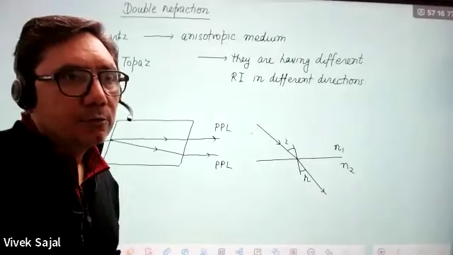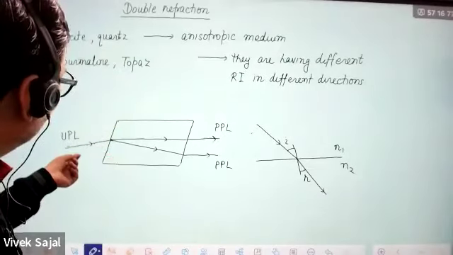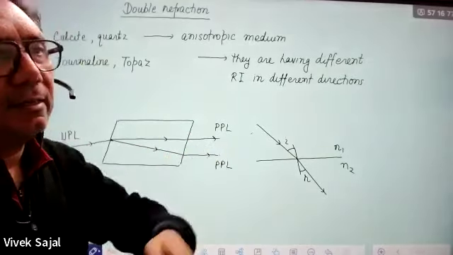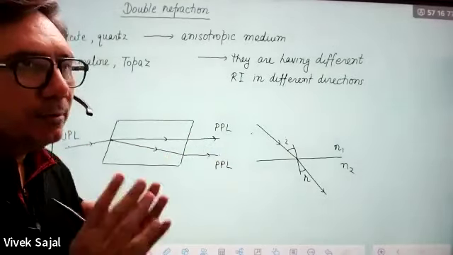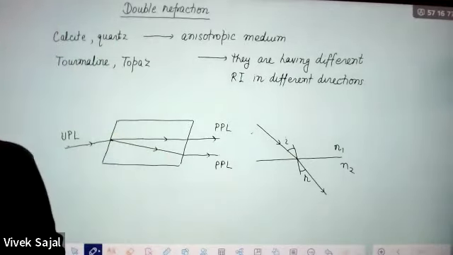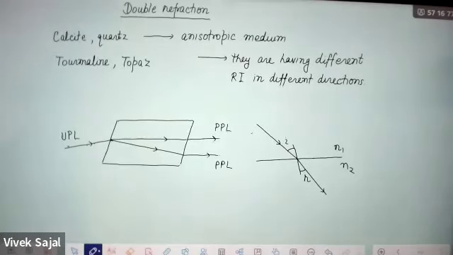This type of phenomenon, where for one incident light there are two refracted rays, is called double refraction.